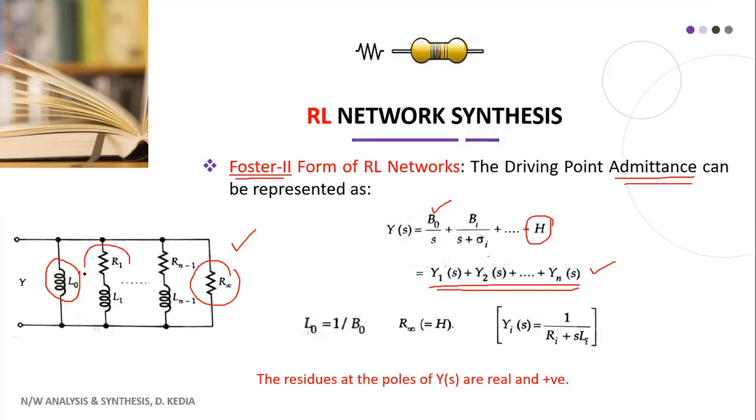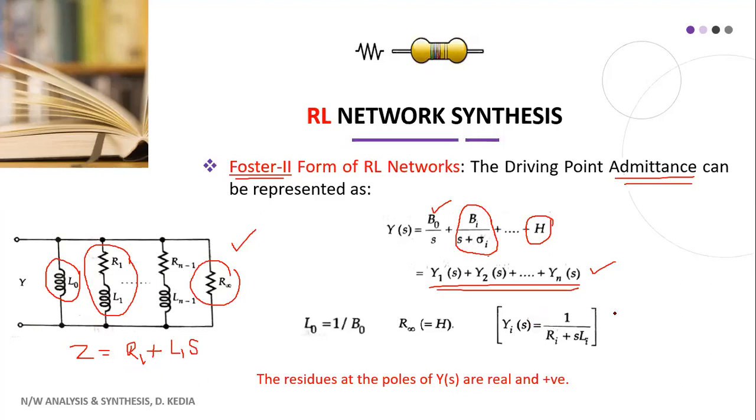Now we have to see the admittance of this series RL combination. So we have to find out whether it is equal to this or not. So let us see that since it is a series combination, its impedance will be R1 plus L1S. Okay, and then admittance will be 1 by Z, that is 1 by R plus Ls.